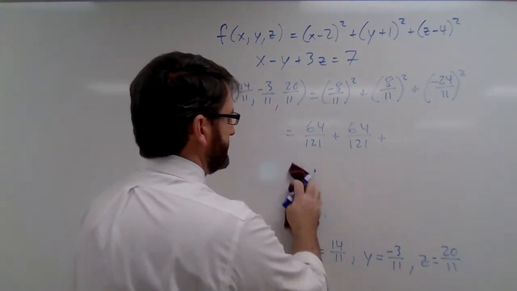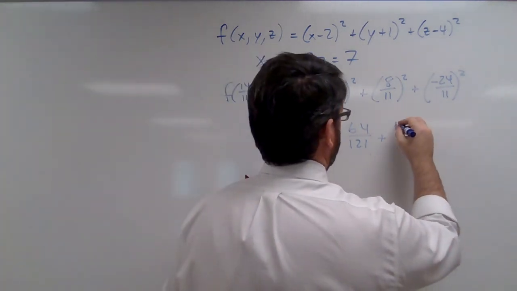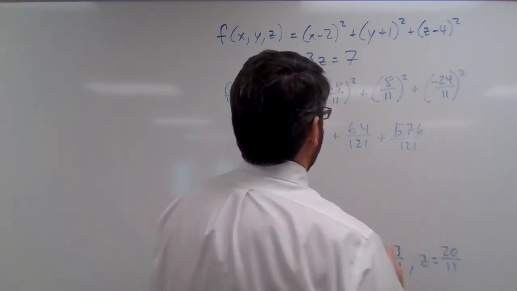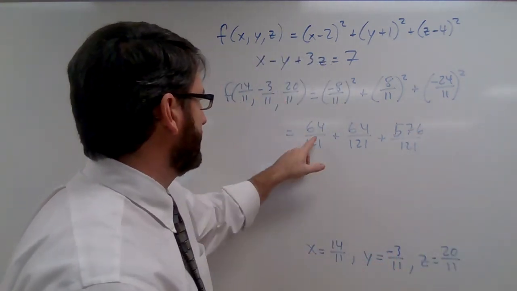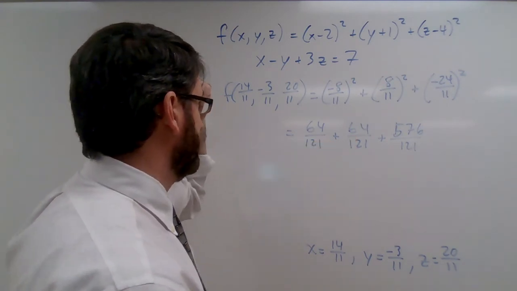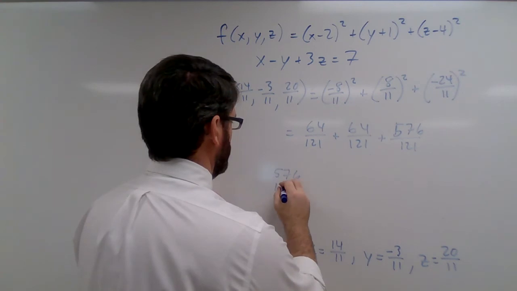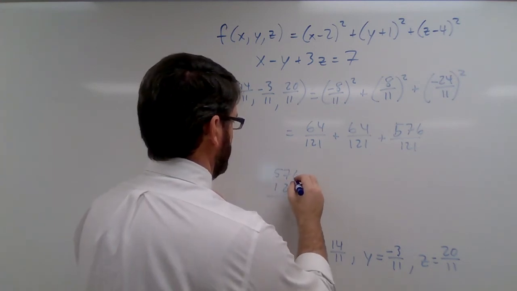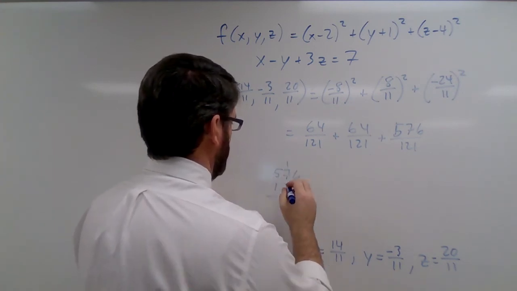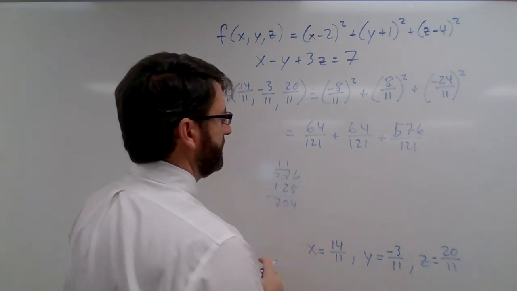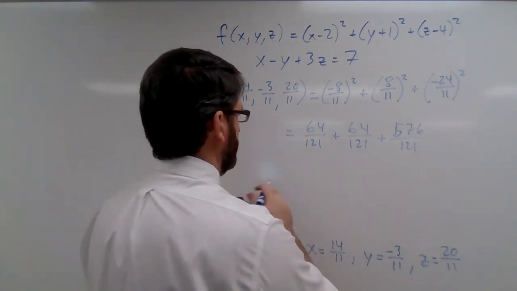All right, so 576 over 121. If we add those together, 576 plus 128, that's 704 over 121.